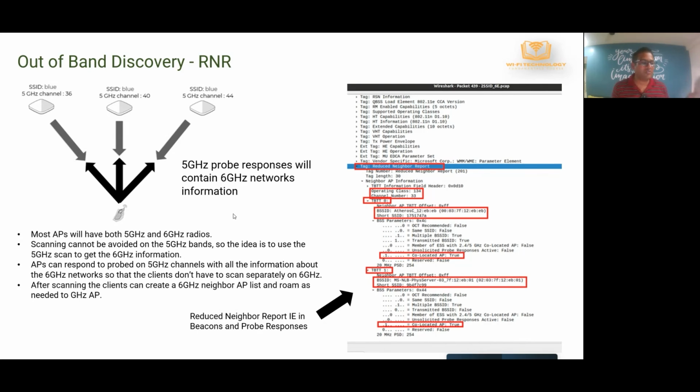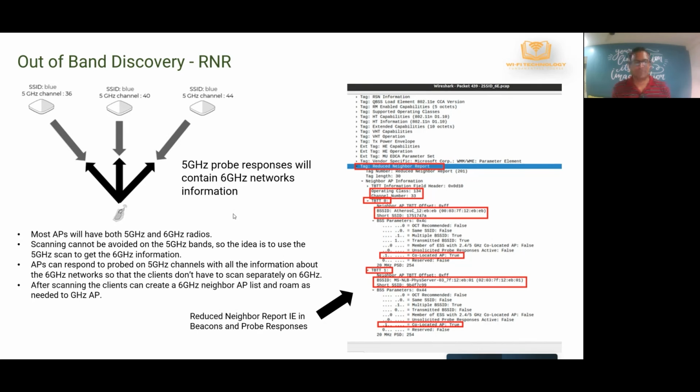So along with sending the 5 GHz network information, AP and channel information, this AP can also send the 6 GHz information in the same probe response to the client. This is what is called out-of-band discovery, where the client is connected in the 2.4 or 5 GHz band, but it is getting information about all the 6 GHz APs, SSIDs and channels in the same response.